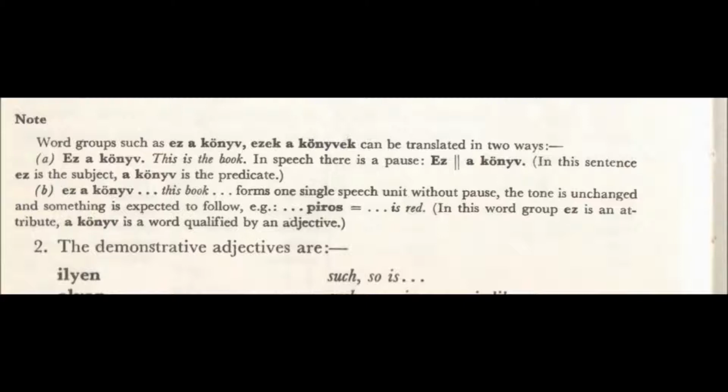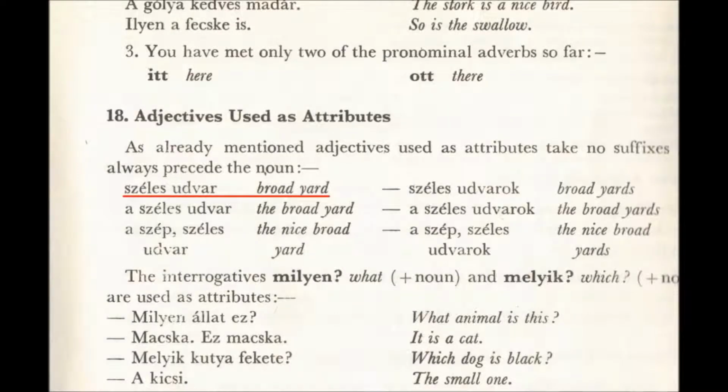So is. As already mentioned, the indefinite article is rarely used in the Hungarian language. Broad-jawed, széles udvar. In English, we would say a broad yard. A széles udvar, the broad yard.